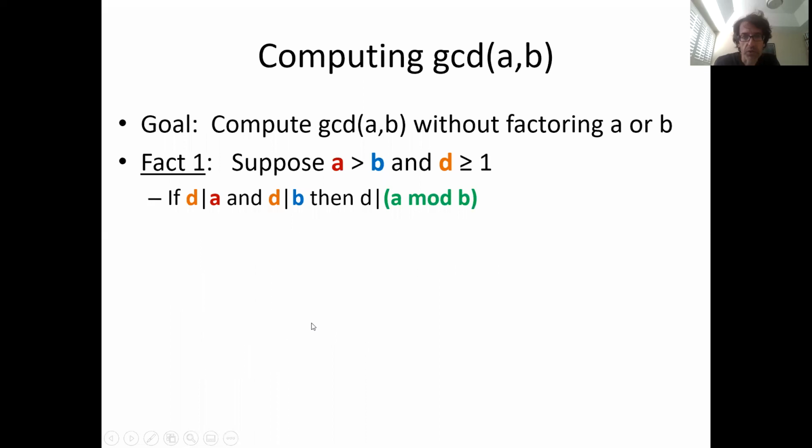Okay, so we introduced the concept of greatest common divisor between two integers. We said that any integer has a unique factorization, and therefore you can look at the intersection of the factors that are common to both integers. The product of this intersection of factors is the greatest common divisor between the two numbers.